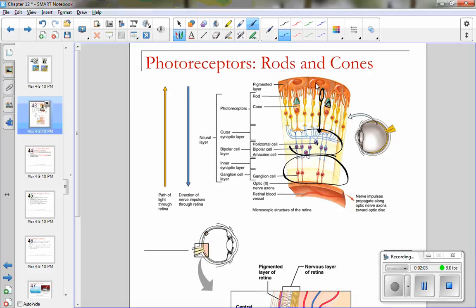Then those send a signal to the ganglion cell, and the axons of the ganglion cells become your optic nerves. Does that make sense? So by that compound being able to absorb a photon of light and then split, it allows for those changes to occur, so that it goes from a light signal to an electrical signal. Does that make sense? Okay.